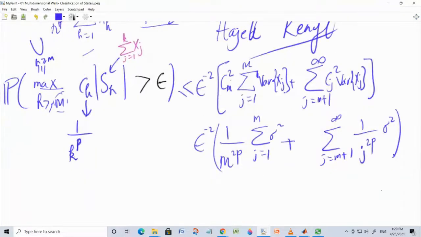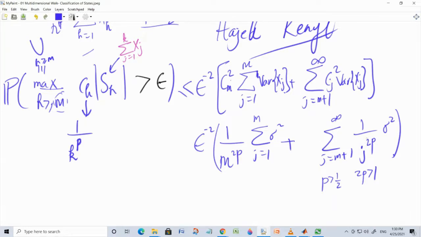Sigma squared is just a constant, so now we have this summation. Now p is greater than 1/2, then 2p is greater than 1. We know from our previous studies that a series with index j in which you have 1 over j raised to some power needs that power to exceed 1.